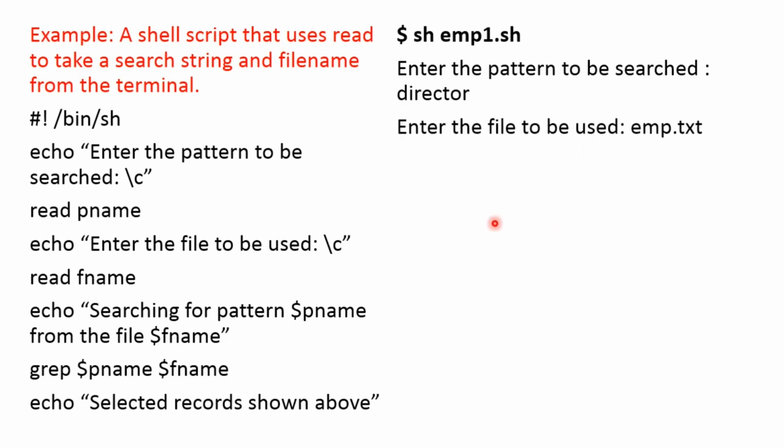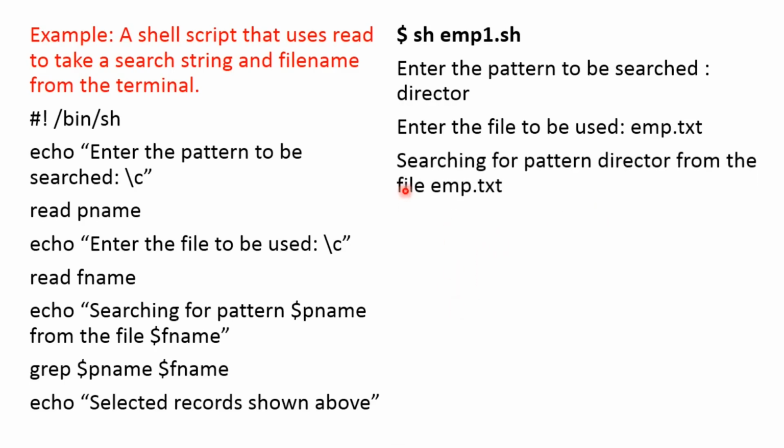Enter the file to be used. Here I am using the file name employee.txt. In this file I am going to search the pattern director. Next I will get the message, searching for pattern director from the file employee.txt.